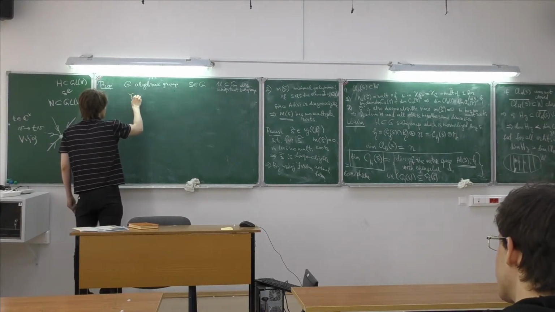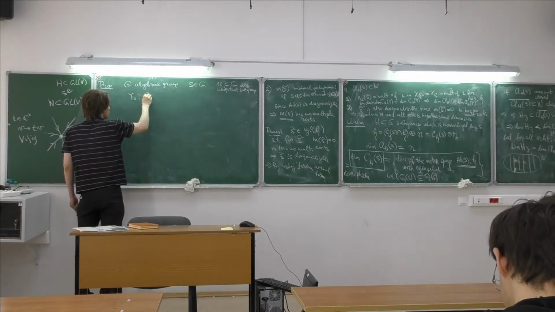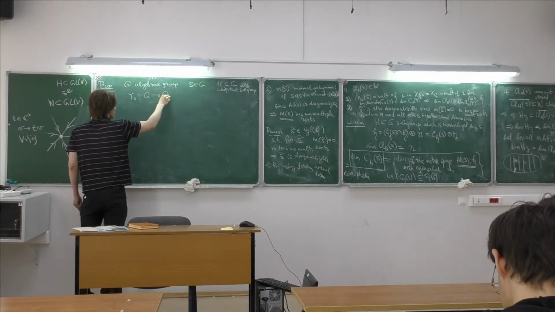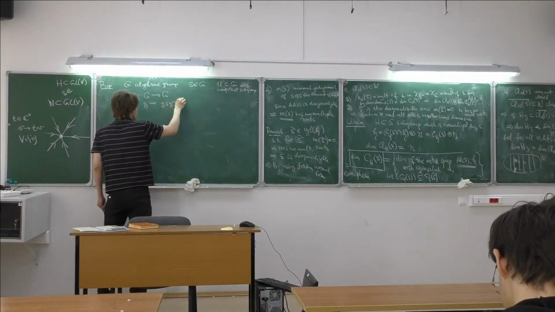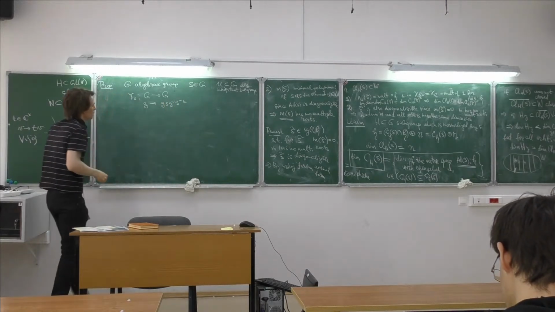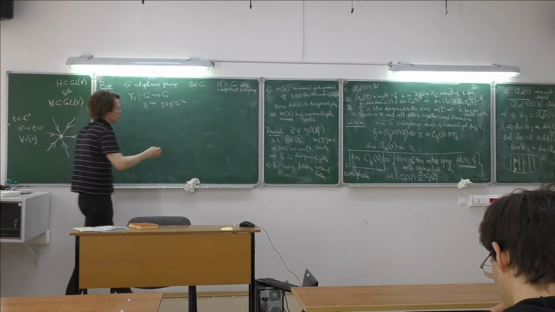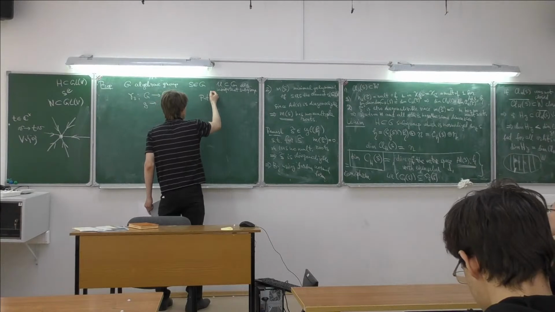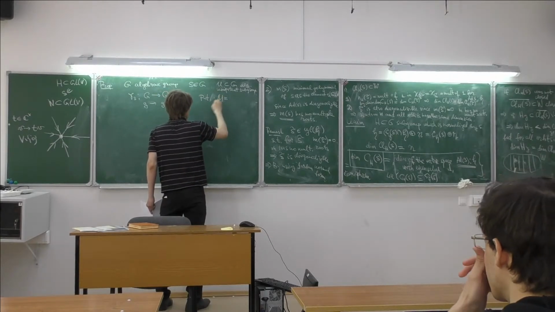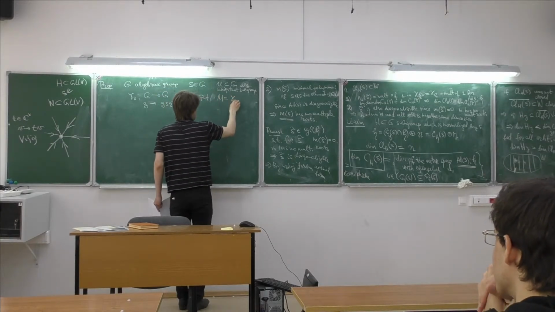Again, I consider the following map from G to G, mapping g to g S g inverse S inverse. And here I put M to be the image of gamma S of U.